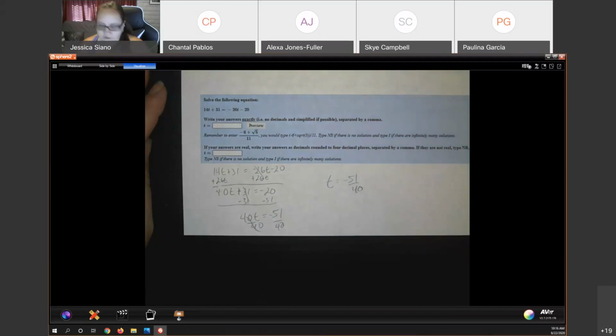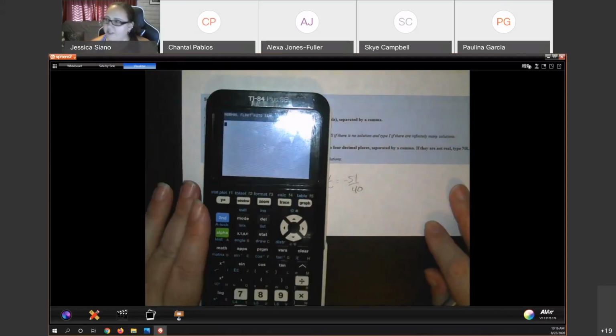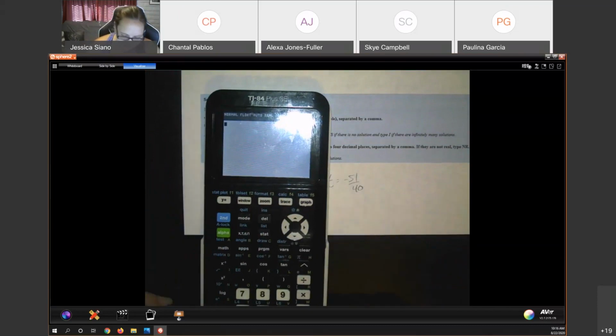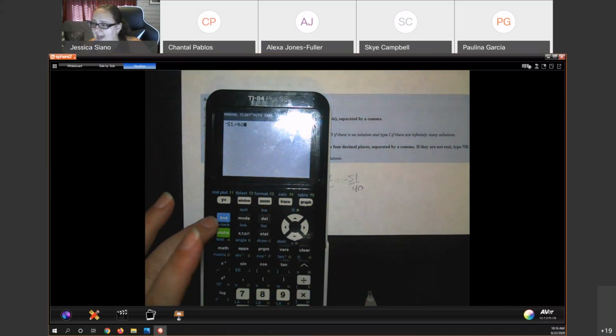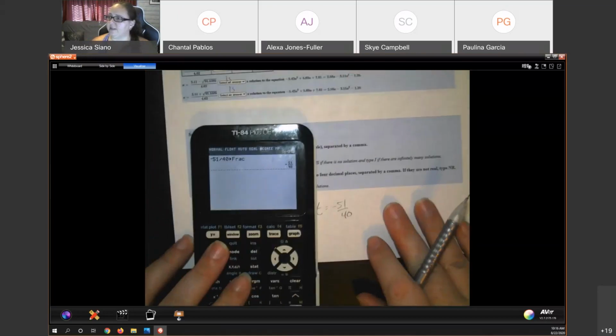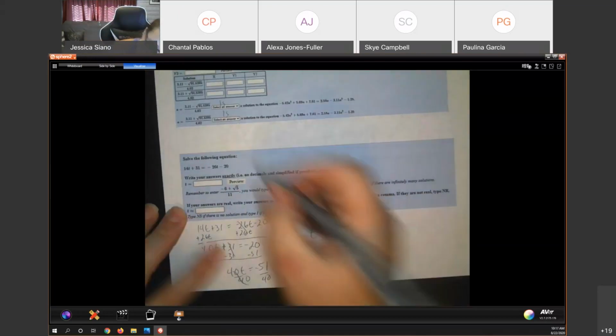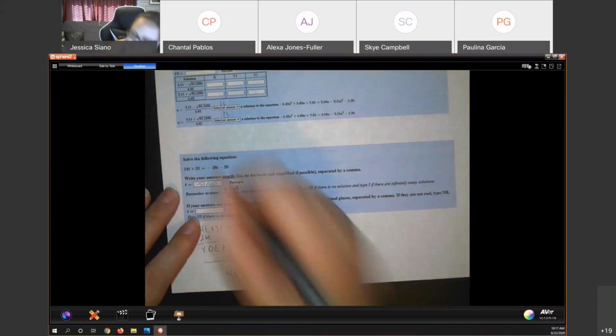The calculator can reduce fractions for you if you're not sure whether or not they reduce. So if you just go back to your main screen here and you put your fraction in, negative 51 over 40, and then you press the math button and then enter twice. Did that one reduce? No, it does not. Okay, so then my answer is going to be negative 51 over 40.